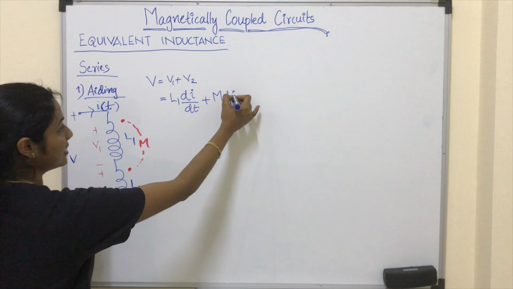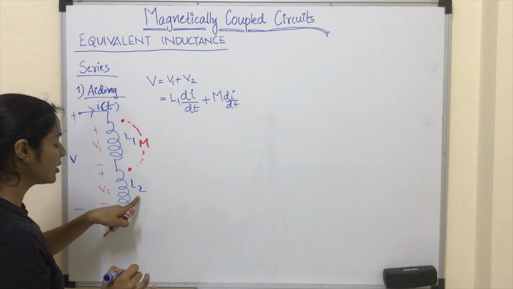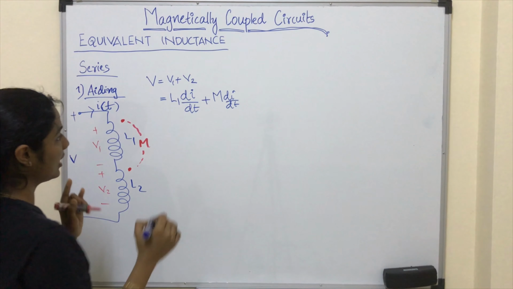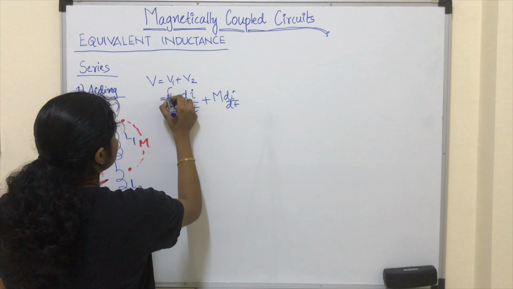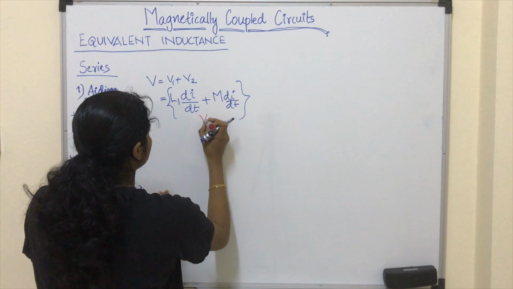Here I consider the same current i because i is passing through this L2 also. And this is nothing but V1.